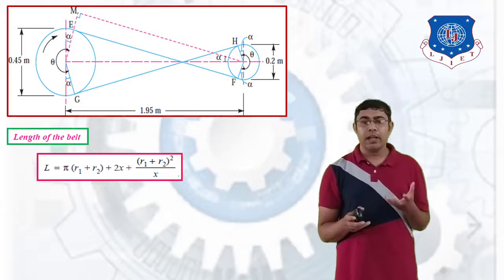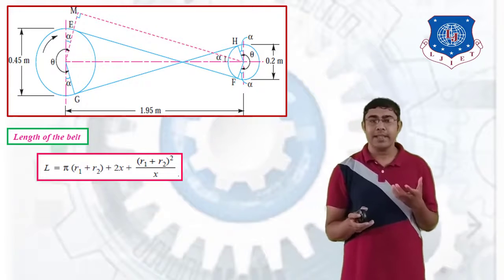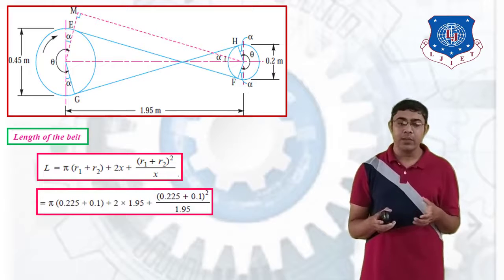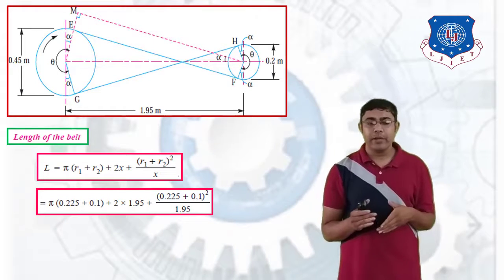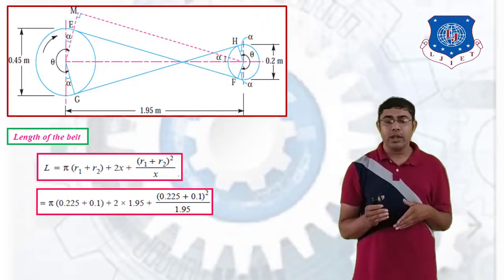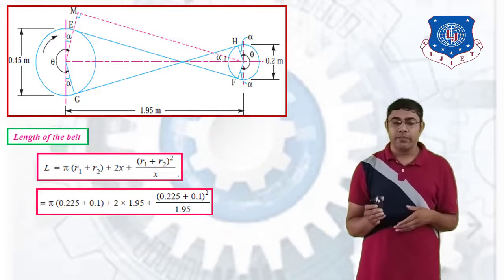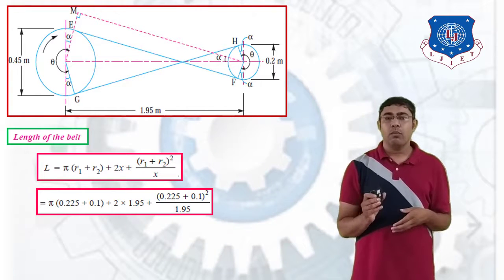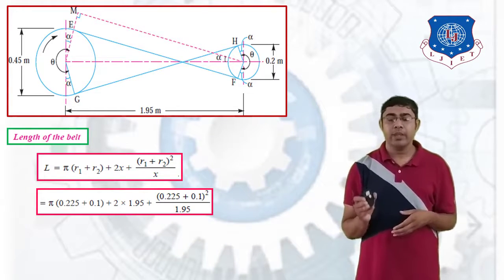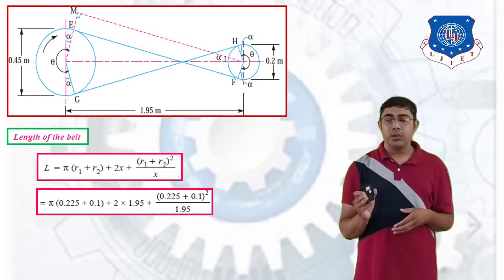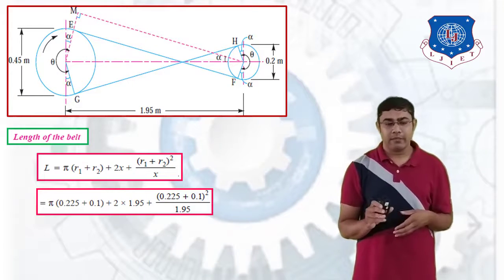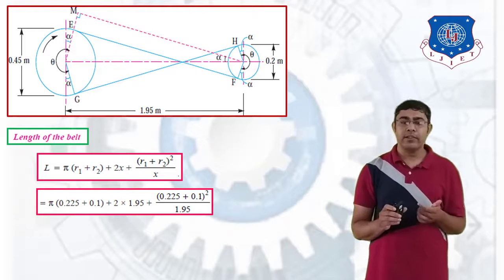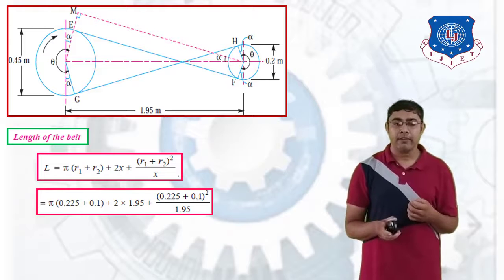So L is equal to pi into (0.225 plus 0.1) plus 2 into 1.95 plus (0.225 plus 0.1) whole squared divided by 1.95, where R1 is 0.225, R2 is 0.1 and x is 1.95.